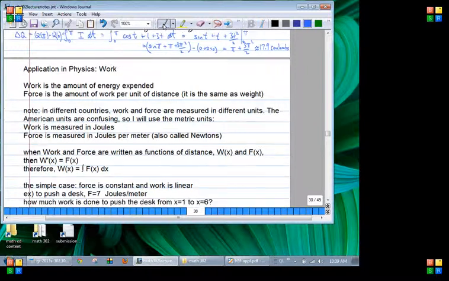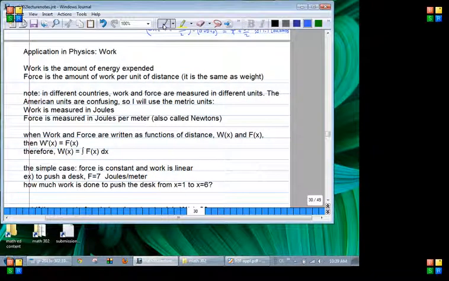How much work is done to push the desk from the 1 meter mark to the 6 meter mark? If you know physics, you've already done this and you can do this immediately. If you don't know physics, you have to think about what this means.